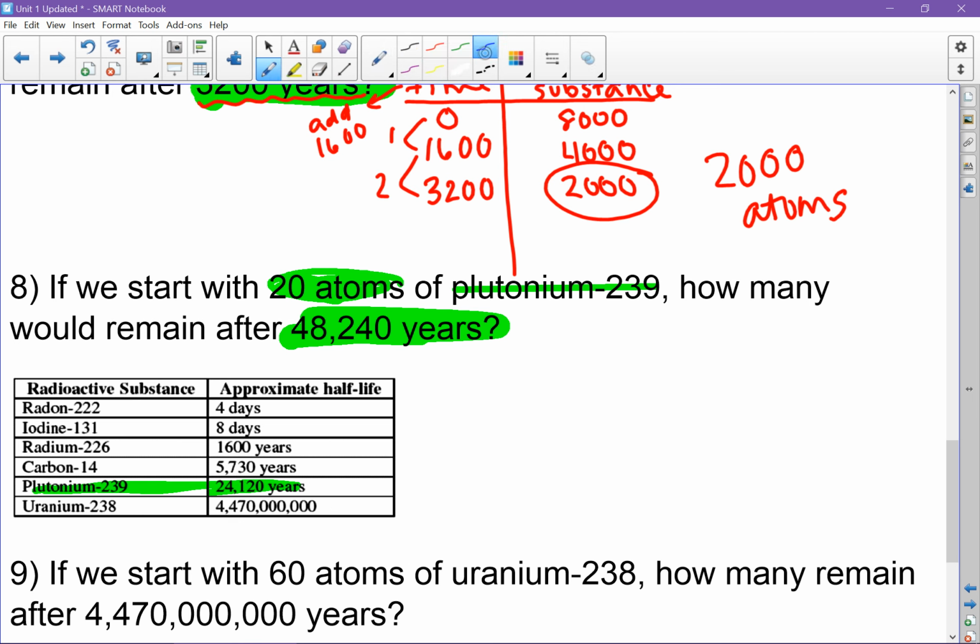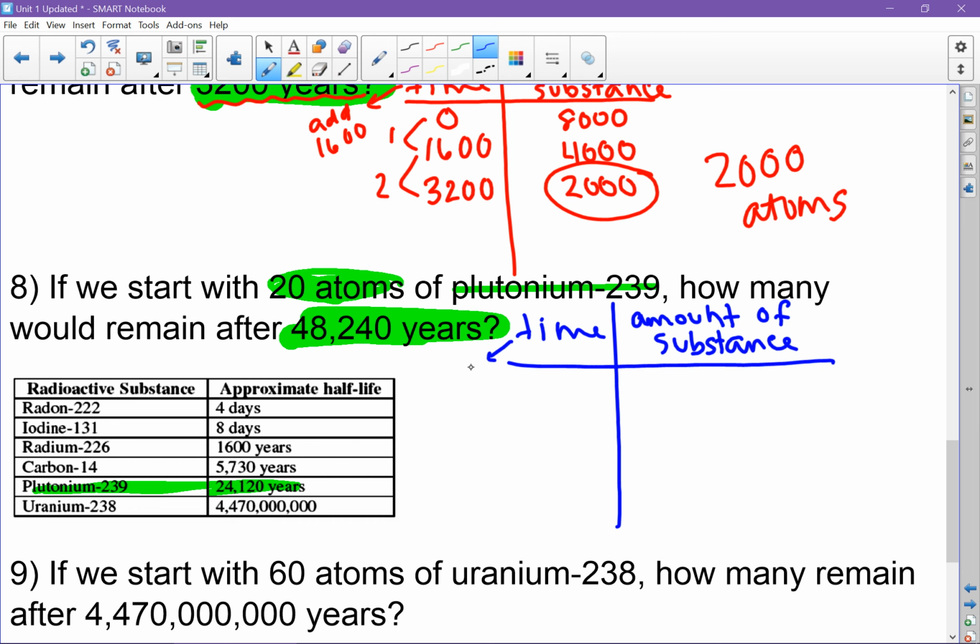Now we're ready to set up our T-chart. We've got time, we've got amount of substance. Remember, time always starts at 0, and we add whatever the half-life is, which is this big giant number, a long half-life. So I'm going to add until I get to the amount of time that they have specified.